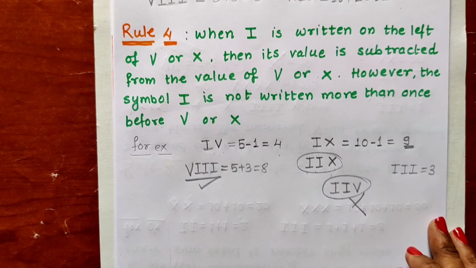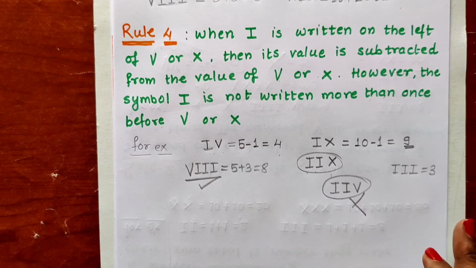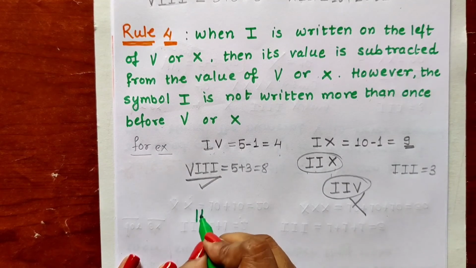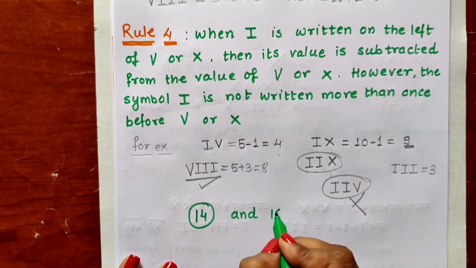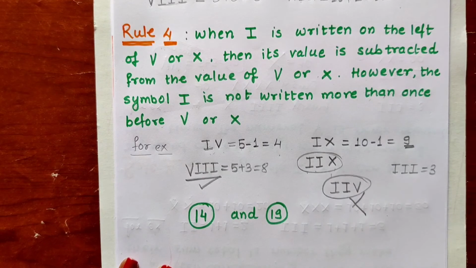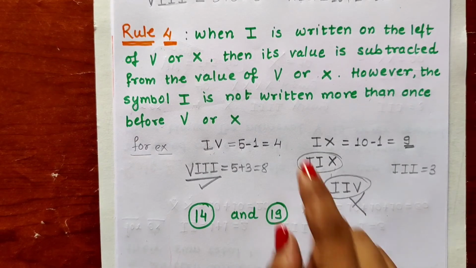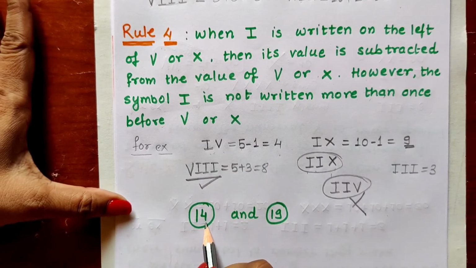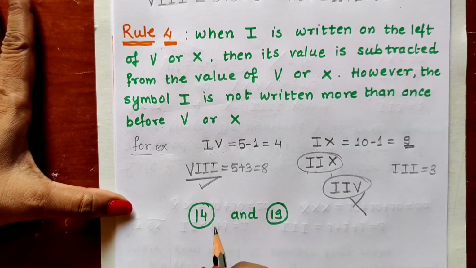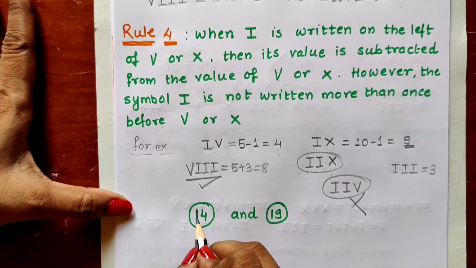See children, we have to think a little differently to write the numbers 14 and 19. How to write the numbers 14 and 19? Because we all just have seen that I should not be repeated 4 times. And this one means I, we all know.